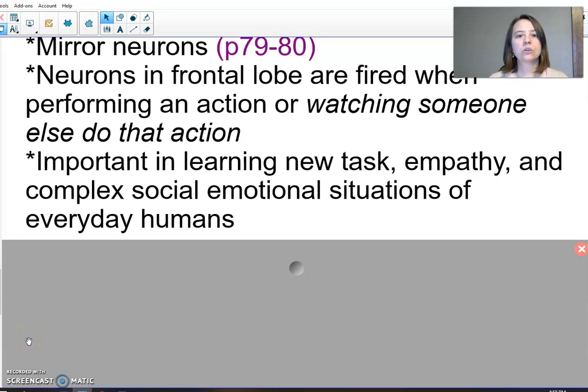And then there are the complex social emotional situations of everyday humans, where we have to communicate with people, understand where they're coming from, figure out what they're trying to say, and read their body language. There's just a lot going on in our everyday interactions with people, and mirror neurons help us with those.